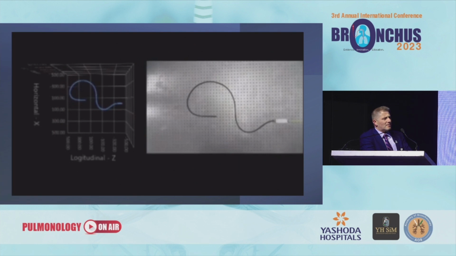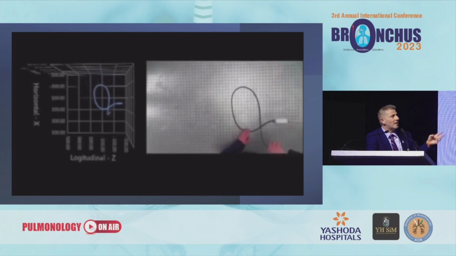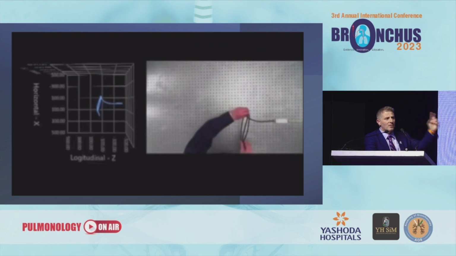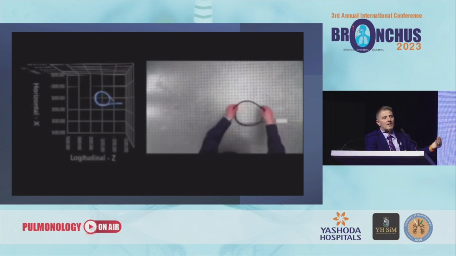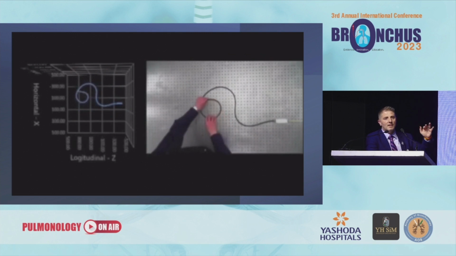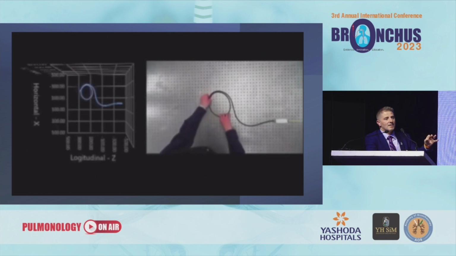And that all goes to the shape sensing, and Mike covered that very well. You can understand from this how the shape sensing catheter moves through the airway and gives you data within 1 second, 100 signals to tell where exactly the catheter is.